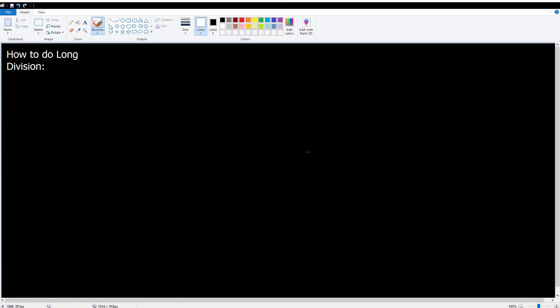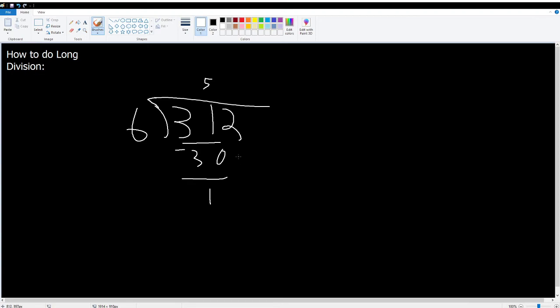Let's do another one. Let's do 312 divided by 6. Okay. 6 goes into 3 0 times, so you go on to 2 digits. 6 times 5, right? Minus 30. 1. Bring down the 2. 6 goes into 12 2 times, I subtract 12.